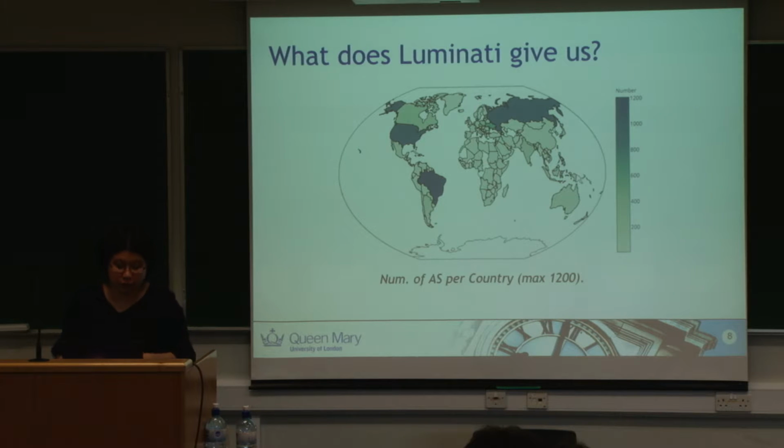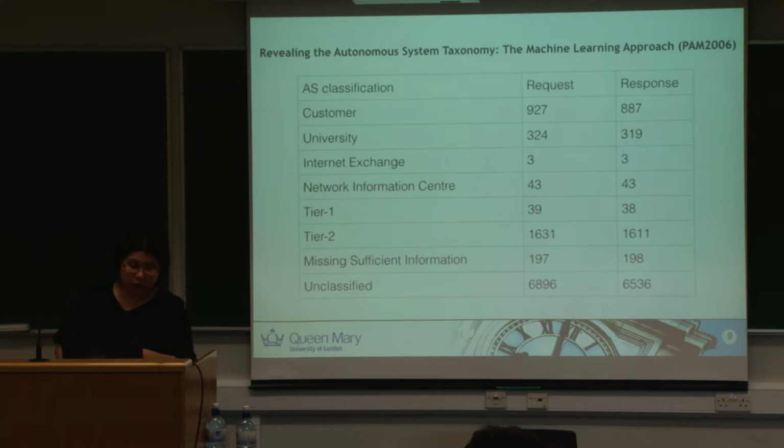And we want to know more details about our ASs, so we do a classification of these ASs. We didn't use the traditional database because it didn't provide very clear categories.